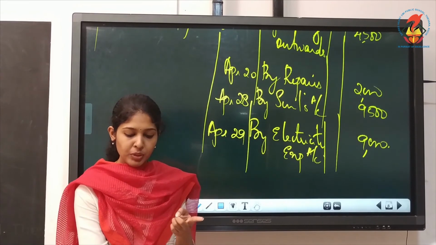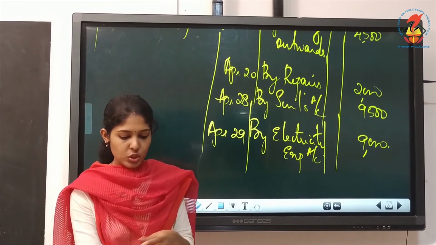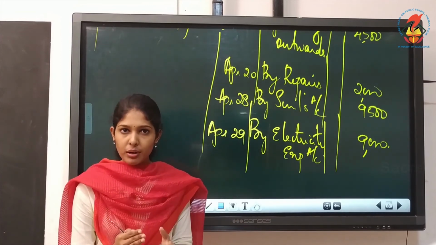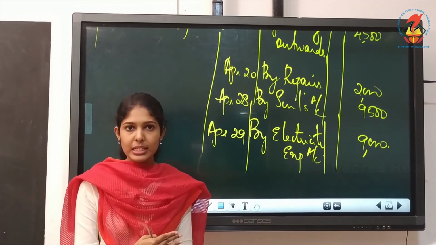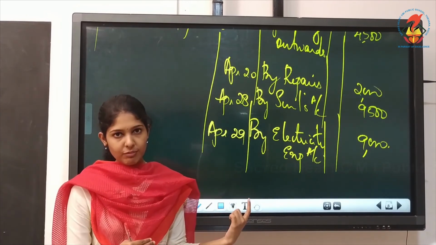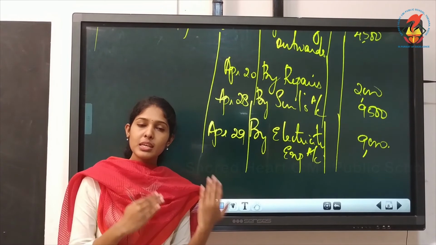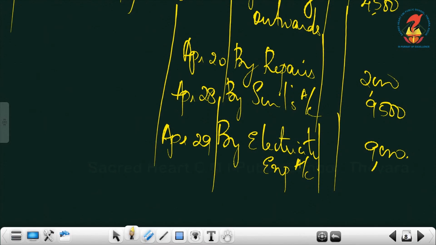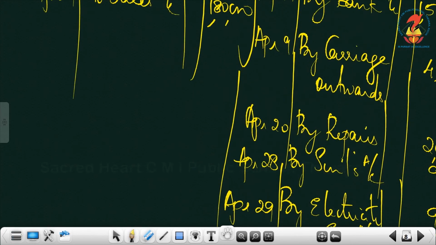You can see the journal entry on the next page. They have written the journal entry. But that entry you need not write. You can just do the posting directly. That is, what you received in cash is 45,000. And you know the basic entry, cash account debited to Mahesh's account. So what will be the posting actually?